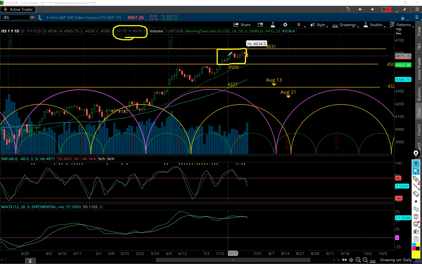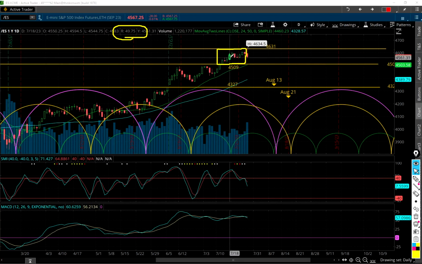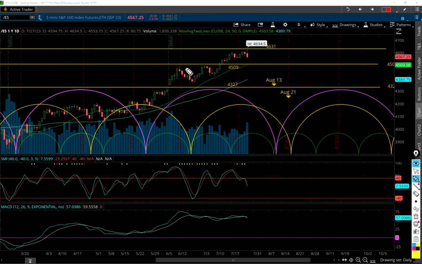You get it? I've been telling my members we're just churning upward slowly with small range days. That's very common when you're in a bullish market. So what happened today? We get an 80 range day. That's a big tell. That's very telling. Plus, you look at the volume. The volume spiked here.